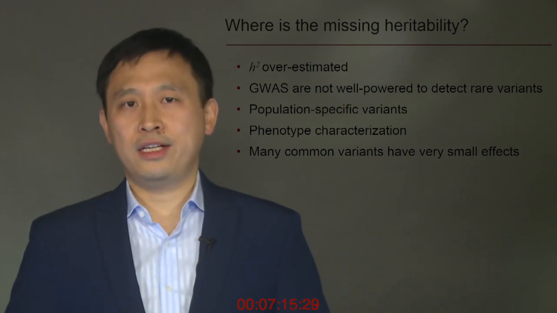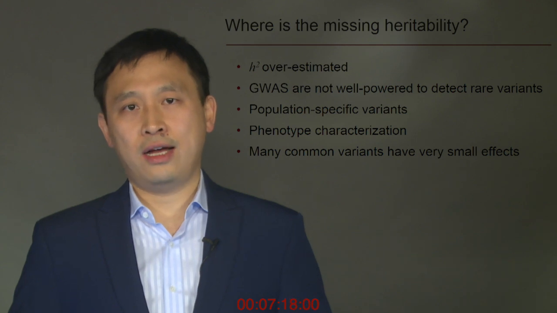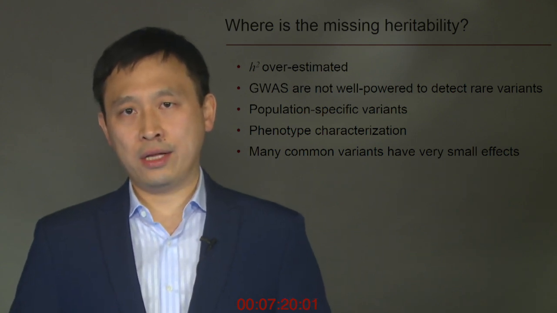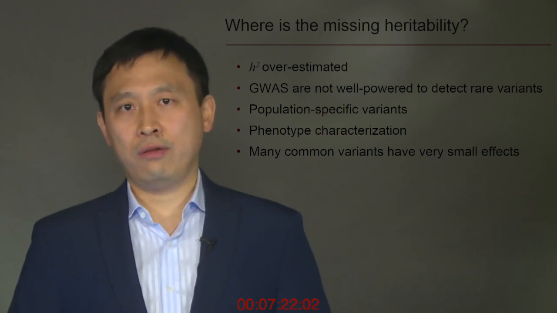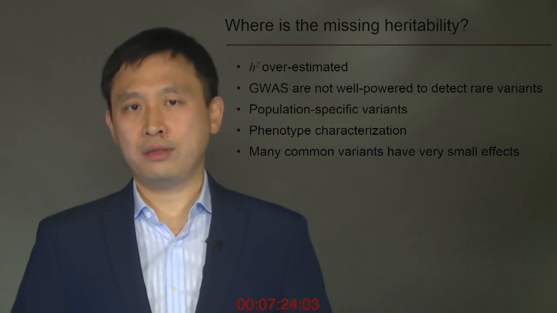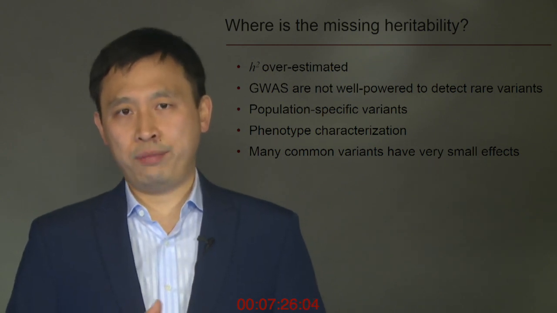And the other explanation would be the common variants that have very small effects. Because the effects are very small, even if we have thousands or tens of thousands individuals, we are not able to pick them up.